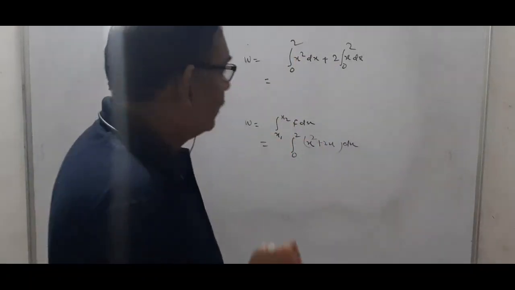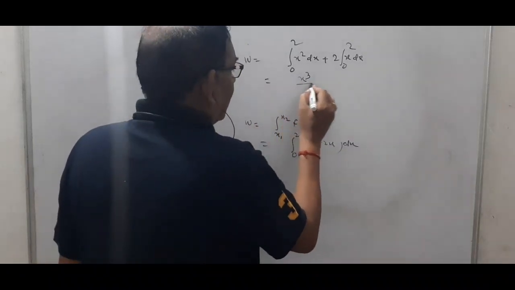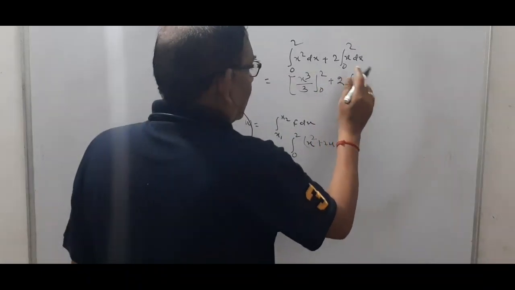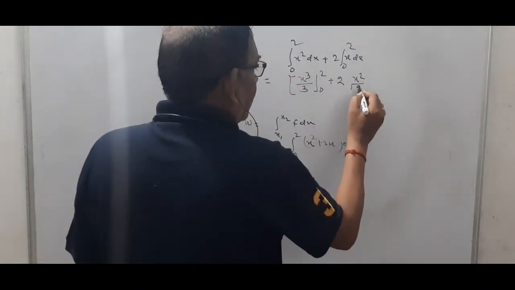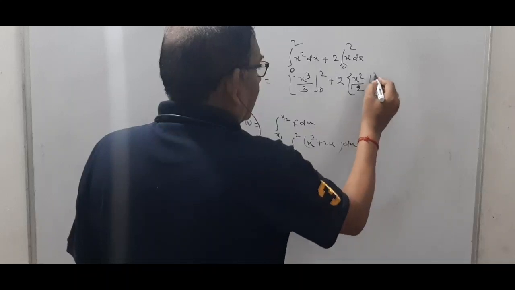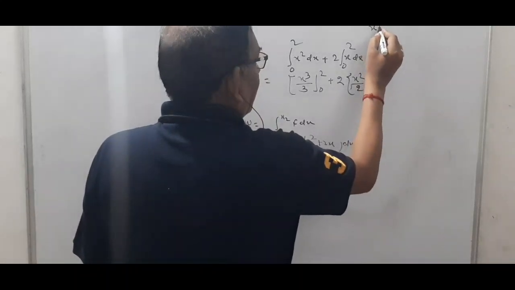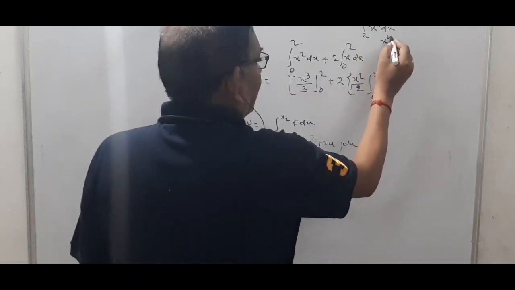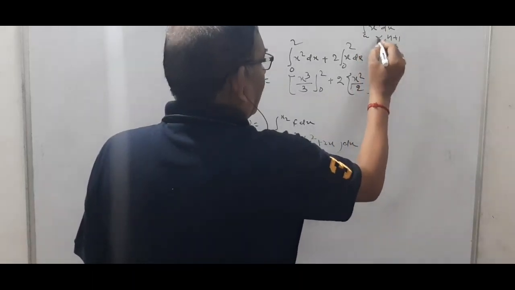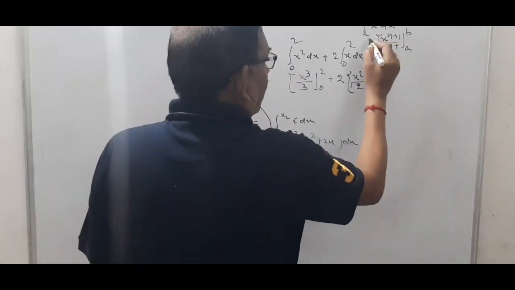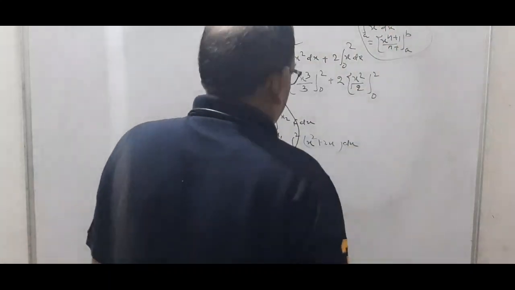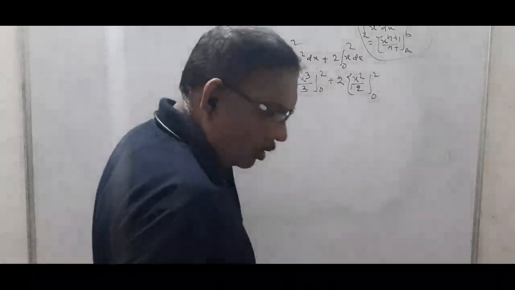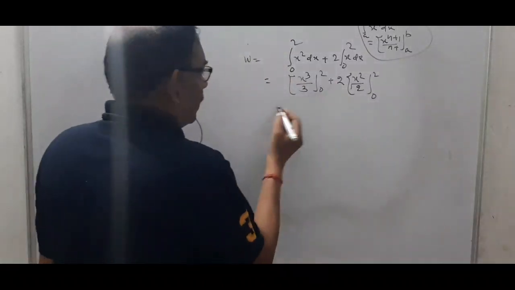Integration of x square is x cube by 3, and of x it is x square by 2, from 0 to 2. By using the rule: what is your rule? The integral of x power n equals x power n plus 1 by n plus 1, between the lower limit and upper limit. Now put the upper limit value minus the lower limit value.